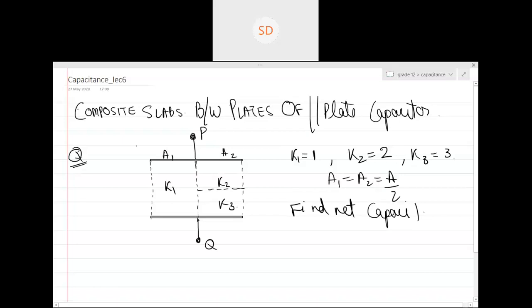It's very simple. K2, K3 are in series, and the combination of this is in parallel with K1. So chalo, fatafat start solving.